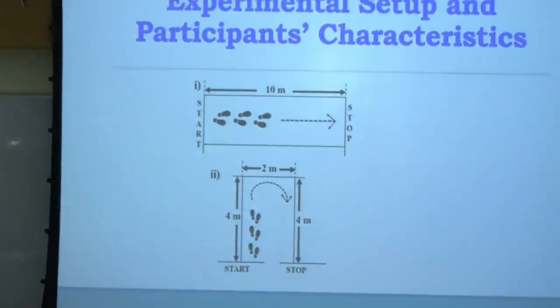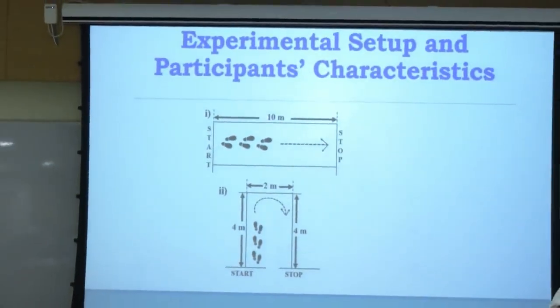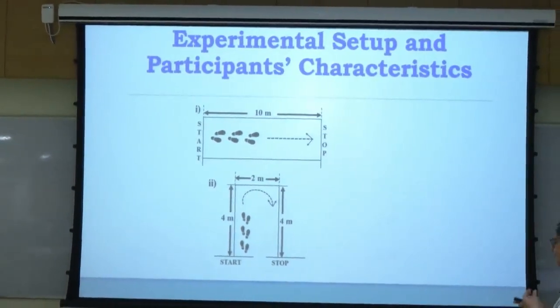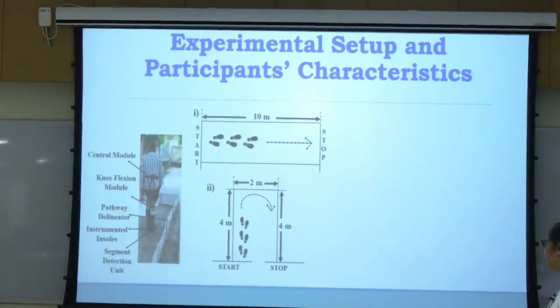So we wanted to pick up all of these 3 indices, and we did a study where the individual was walking on a straight path and a pathway with a 180-degree turn. The idea was that when a person, particularly a Parkinson patient, turns, there is a chance of freezing. So we were trying to simulate that and see how our system works.